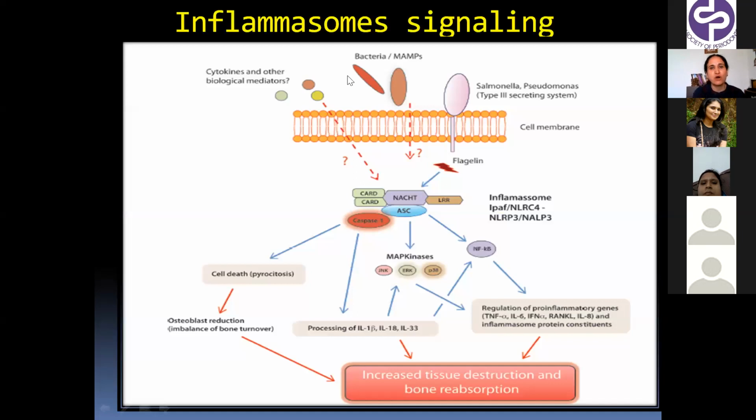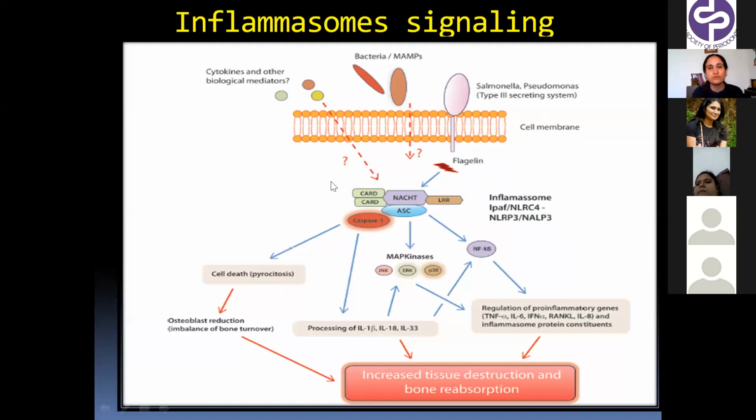If a bacteria or any type of foreign body comes in contact with that, there is a complex of different types of enzymes which will collaborate together and they will form the inflammasome. So ultimately these will lead to the kinases which will cleave some parts and activate some areas, and ultimately they will lead to the formation of nuclear factor kappa B, and there will be the formation of different types of cytokines.